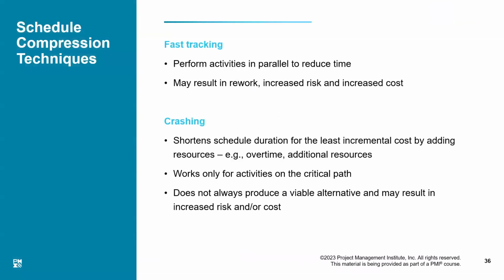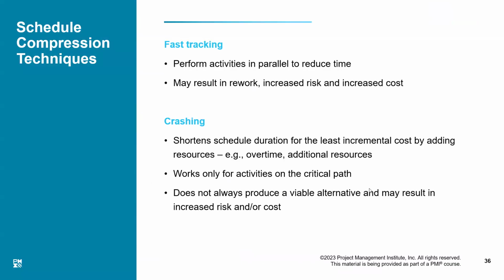So the next technique is schedule compression techniques. The objective of compressing the schedule is to match with the agreed or pre-imposed, approved end date or duration. We have two techniques for compressing the schedule. First one is fast tracking, second one is crashing.